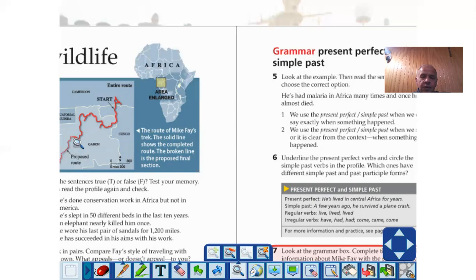So the solid line shows the completed route, what he completed. The broken line, which is this, is the proposed final section. He didn't do that part. That was the proposed route.